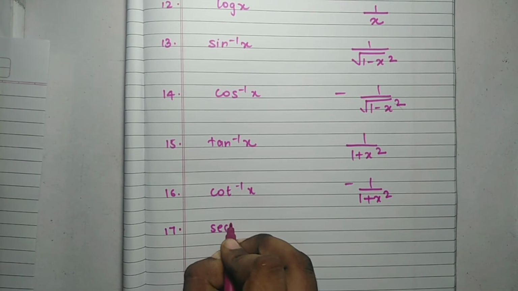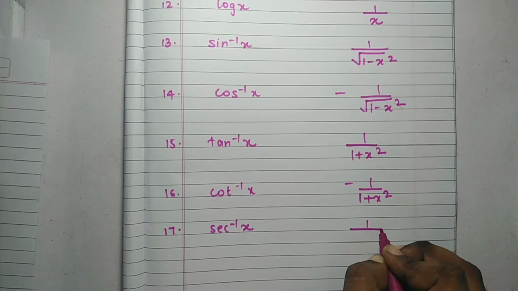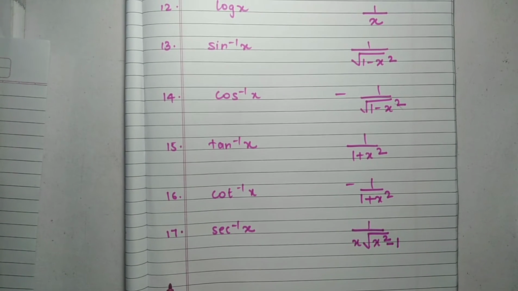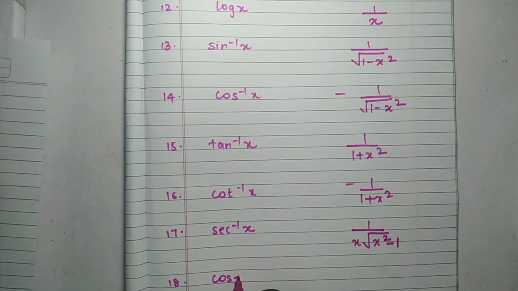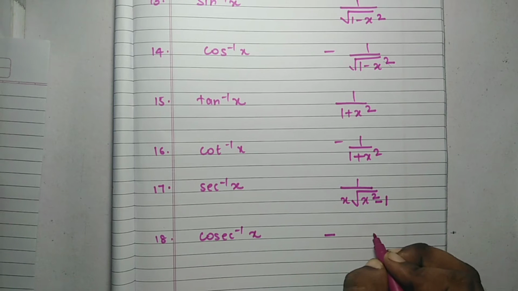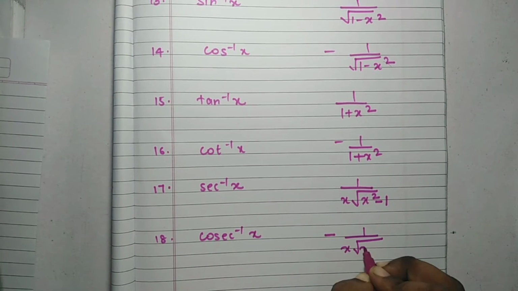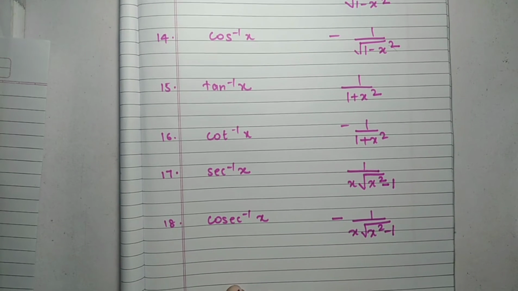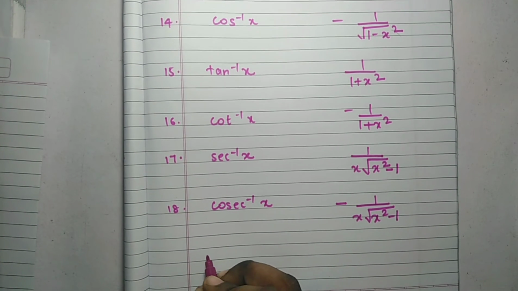Similarly, sec inverse of x is 1 upon x root of x square minus 1. And for cosec inverse of x, we get minus 1 upon x root of x square minus 1. Now let's see some more basic formulas.